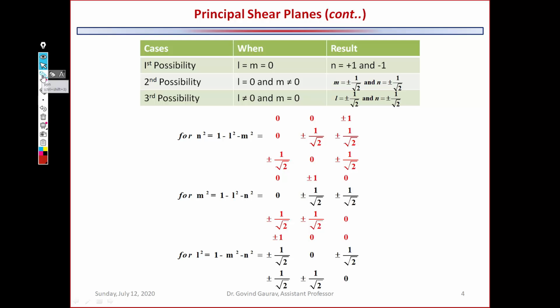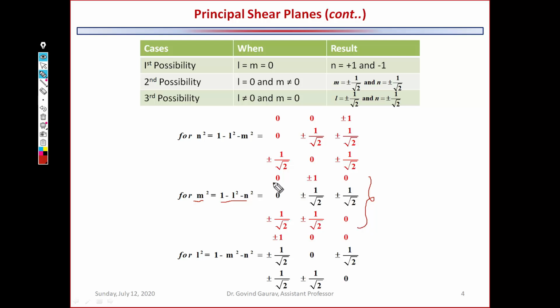So in the second case, what we were discussing, we will put the values of M square is equal to 1 minus L square minus N square. In such a case, we will again get three values of L, M and N.